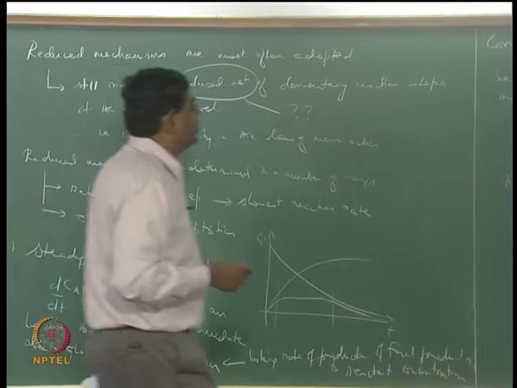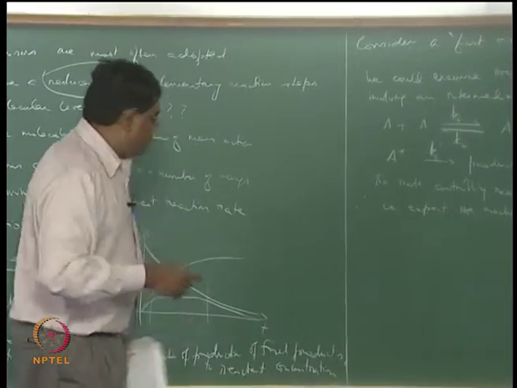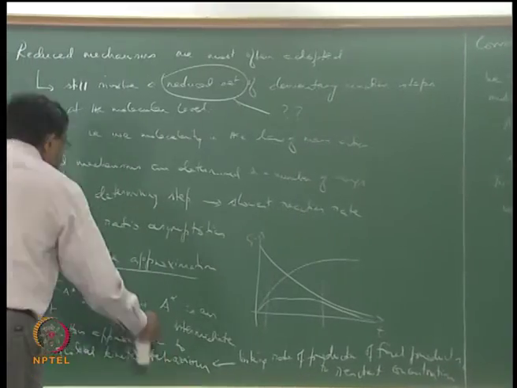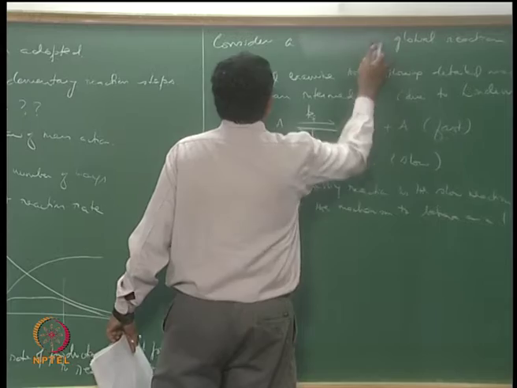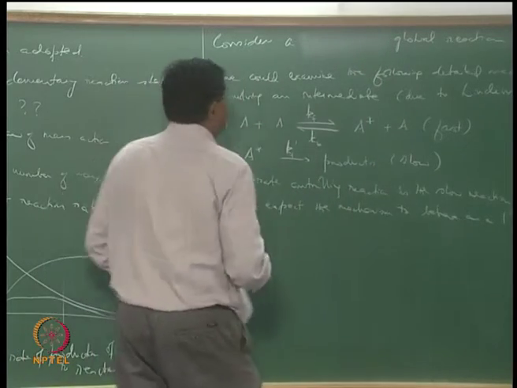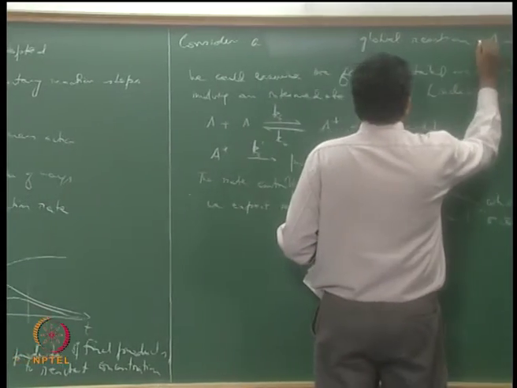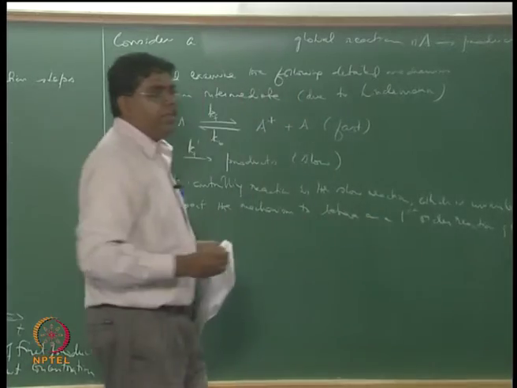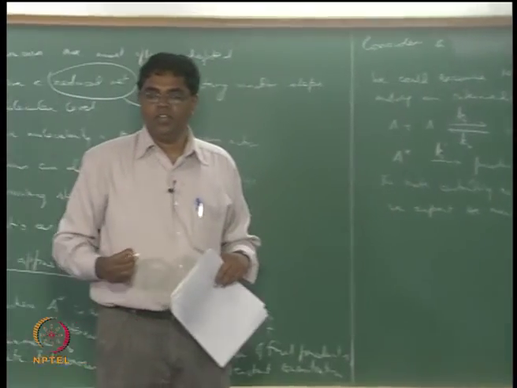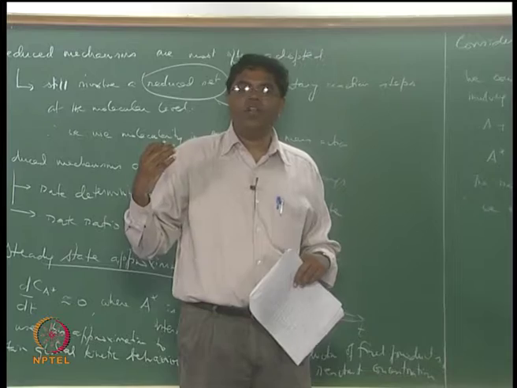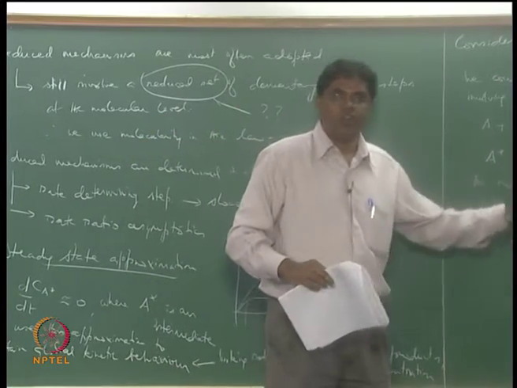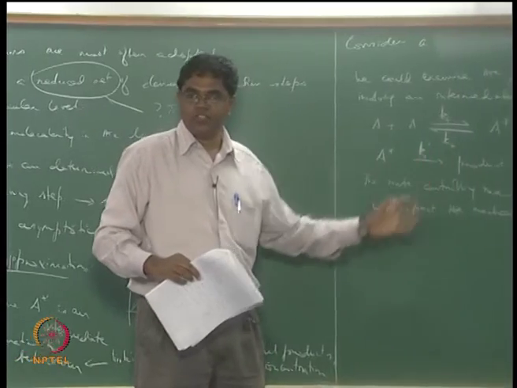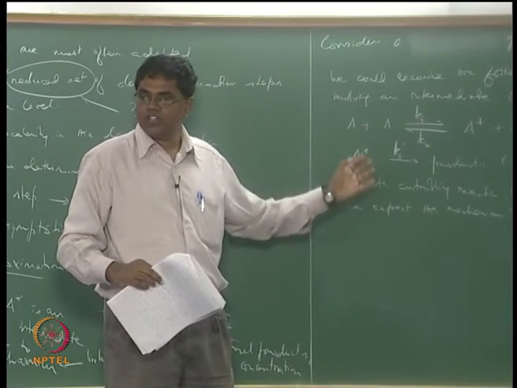A way to pose the problem a little more generally is to consider a global reaction n A gives products, and for the global reaction we assign a value of n based on the order that is deduced from the detailed elementary reaction steps.